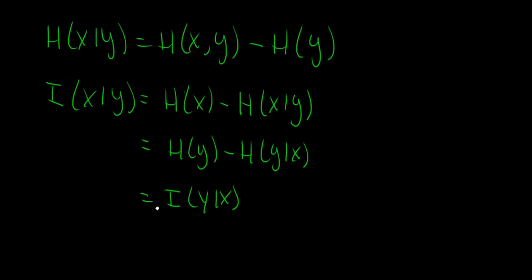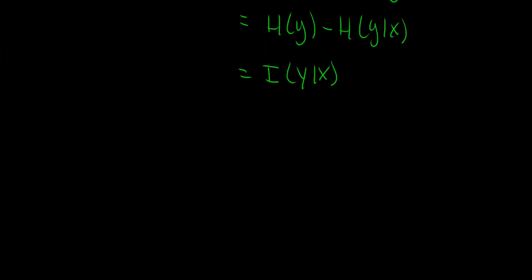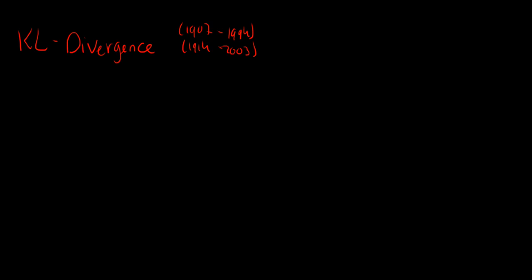And with that, we can also have the relative entropy. A relative entropy, also called the Kullback-Leibler distance or divergence, was developed by Solomon Kullback, who lived from 1907 until 1994, and Richard Leibler, who lived from 1914 to 2003.